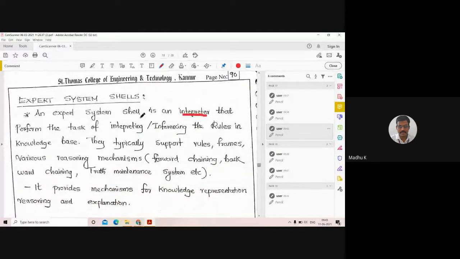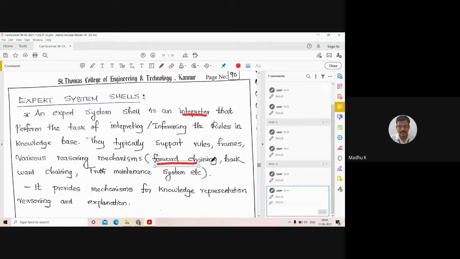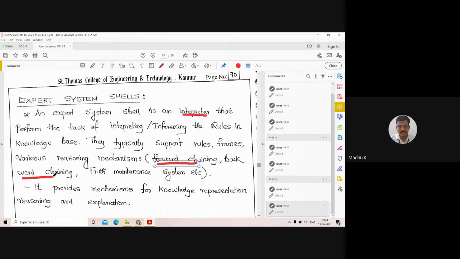An expert system shell is an interpreter that performs the task of inferencing the rules in the knowledge base. They typically support rules, frames, and various other reasoning mechanisms, such as forward chaining, backward chaining, truth maintenance system, etc. These are all part of an expert system shell.